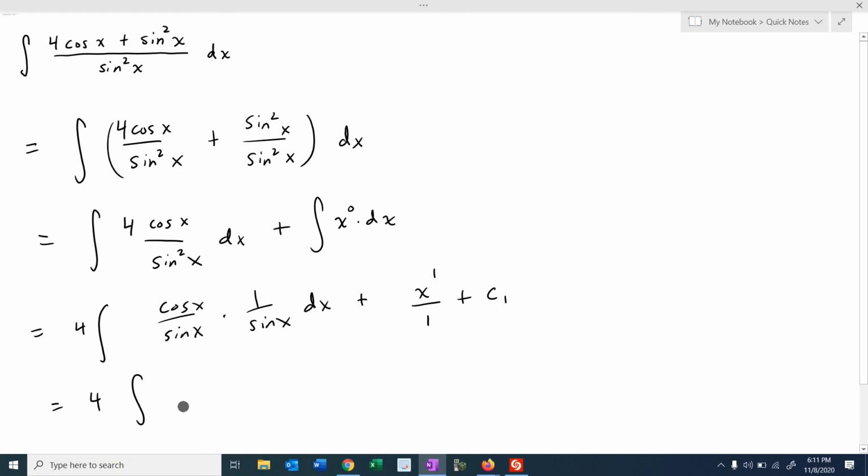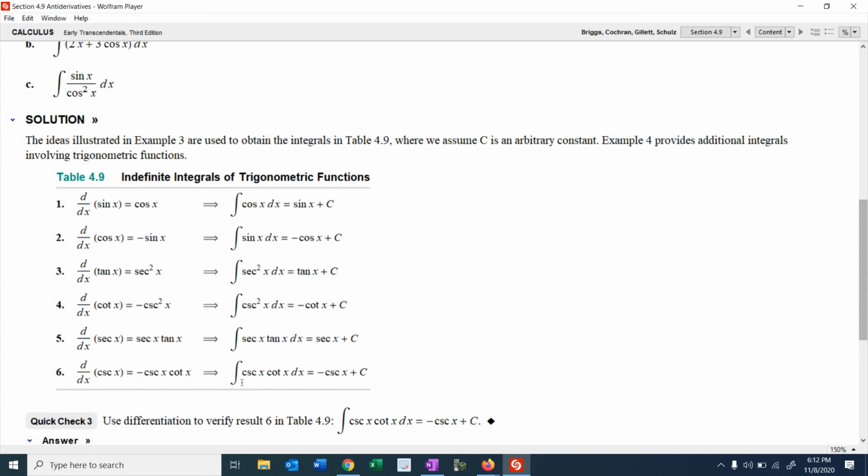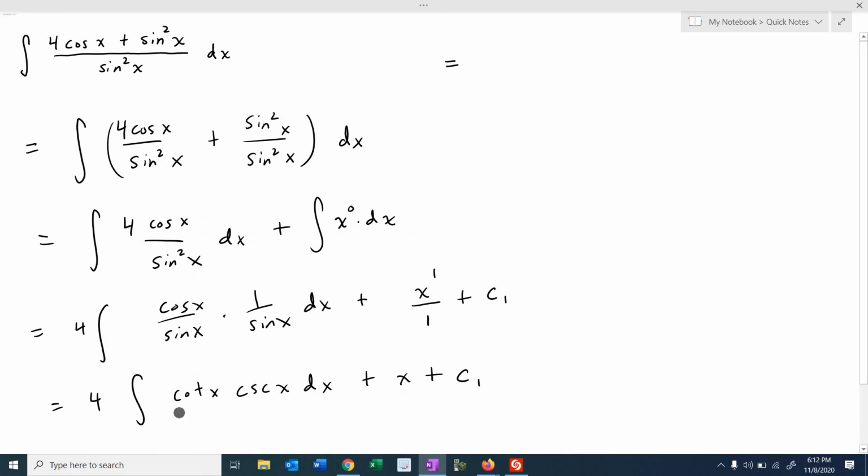Cosine over sine is actually cotangent, and then 1 over sine is cosecant. And now if you go and look at table 4.9, the antiderivative of cosecant times cotangent is actually minus cosecant of x plus a constant. So this antiderivative is actually minus cosecant of x plus some constant, which I'll call C2.